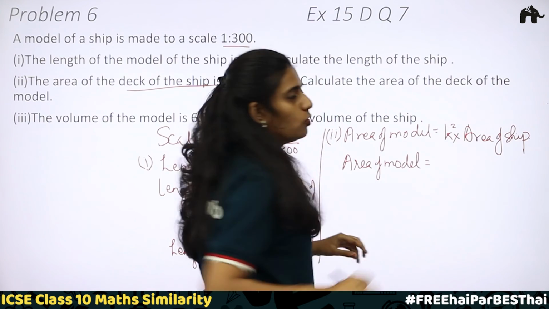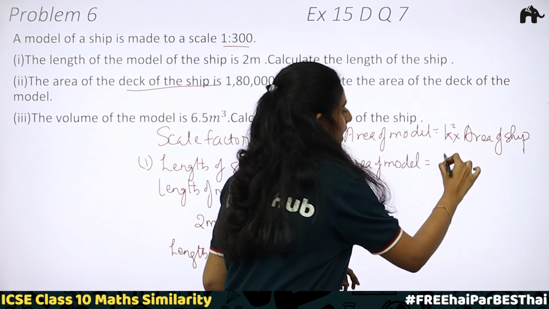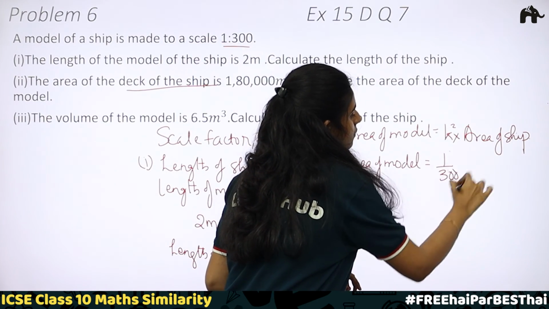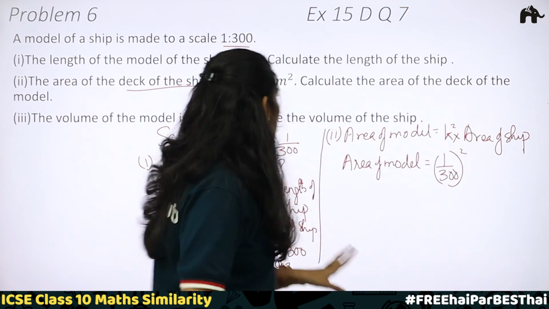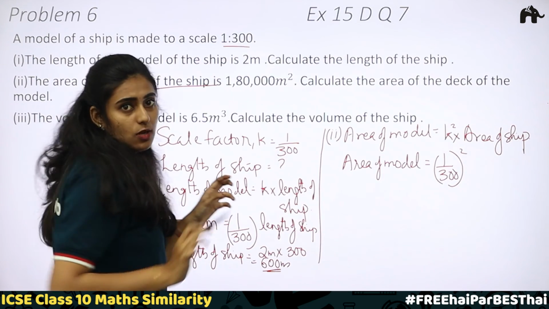Area of model is equal to, what is K square? We have K as 1 by 300. Therefore, K square is 1 by 300 whole square, and area of ship is 1,80,000 meter square.